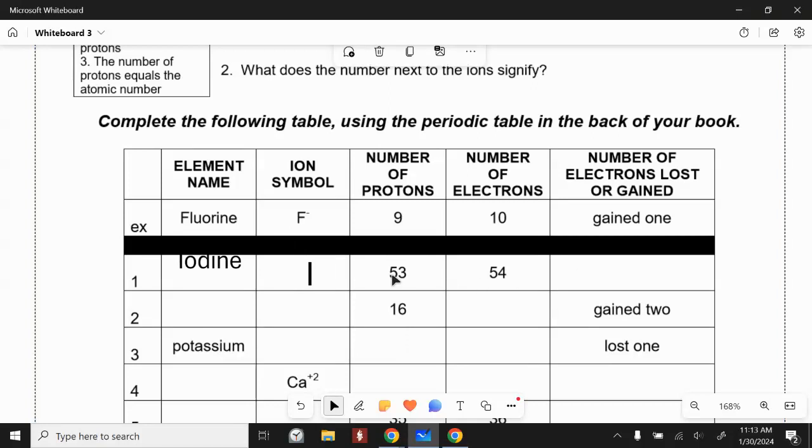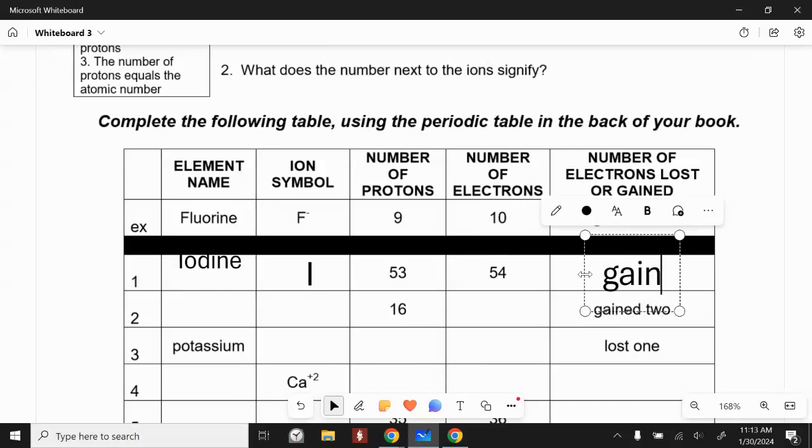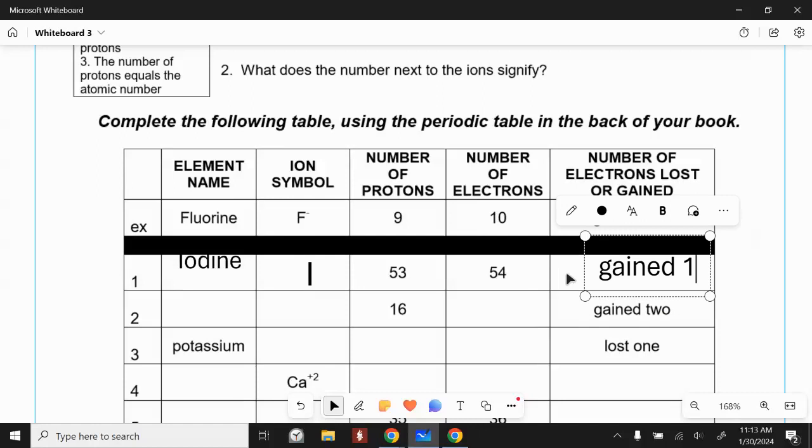Now it tells me, so if I have 53 protons, I should have 53 electrons, but it's telling me I've gotten one more. So if I've gained one electron, then I should be positive or negative.